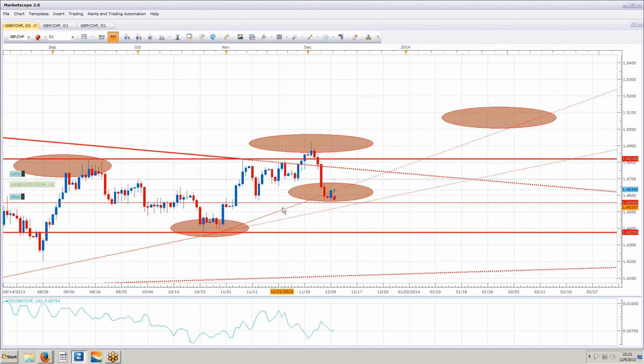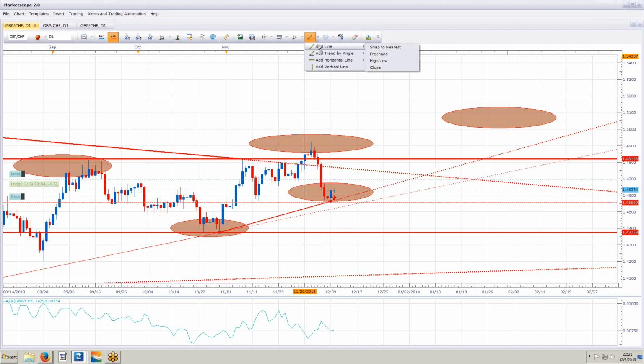So then I see this going up to maybe about here, and retesting, depends on how far down it wants to go.